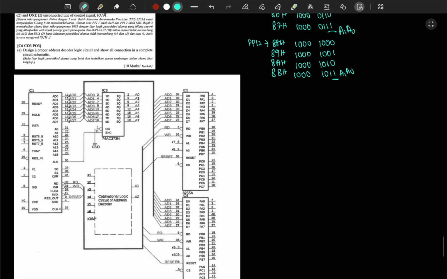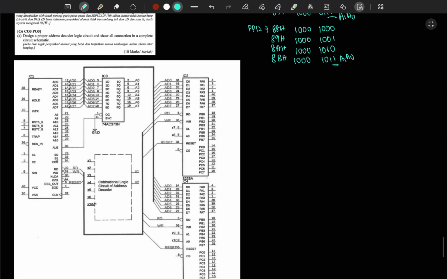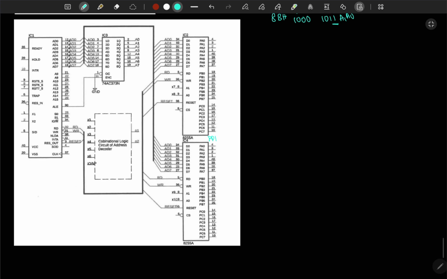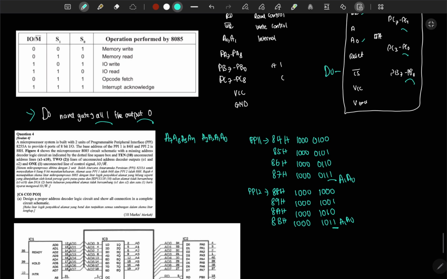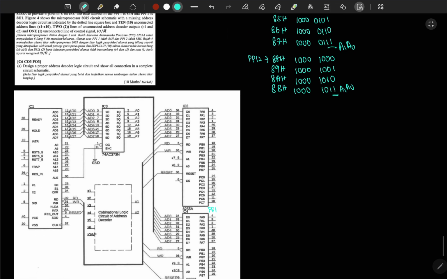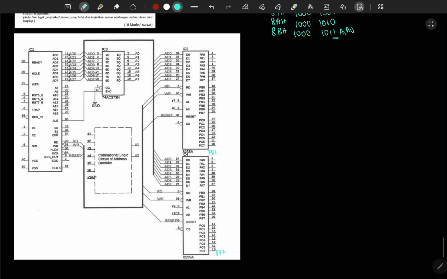Now here we see this is pin 1, so we name it PPI1 and here PPI2. In the question they mentioned unconnected X1 to X10 lines, address decoder and also IO. Now here is X7, X8 and X9, X10.